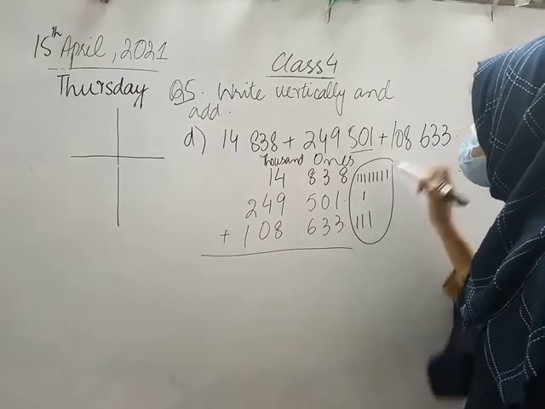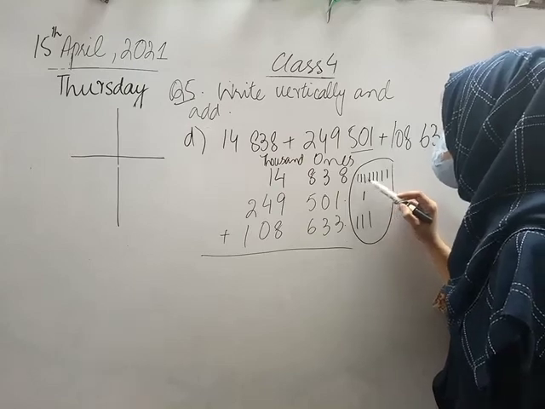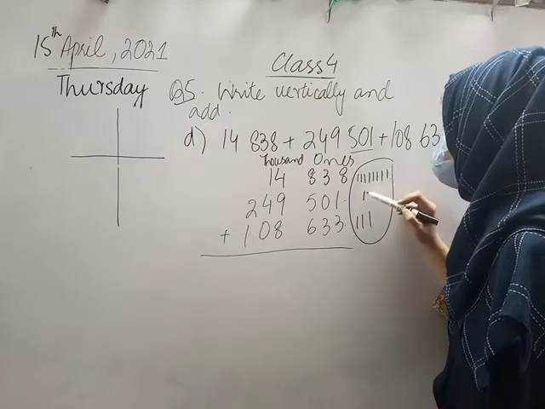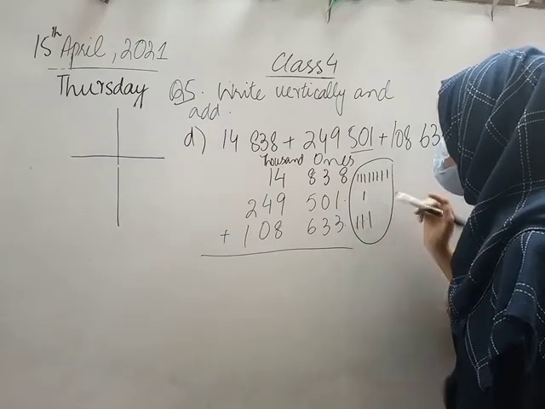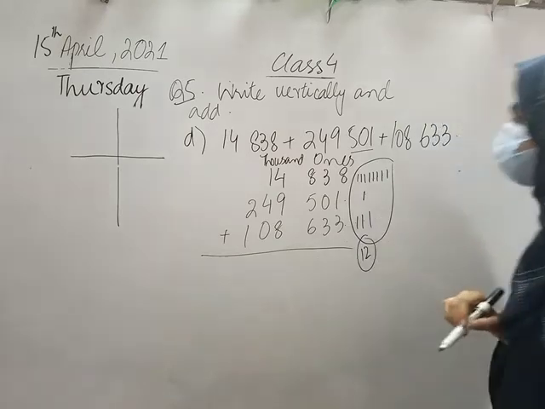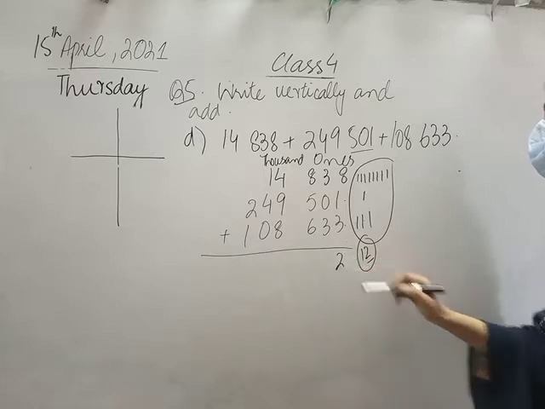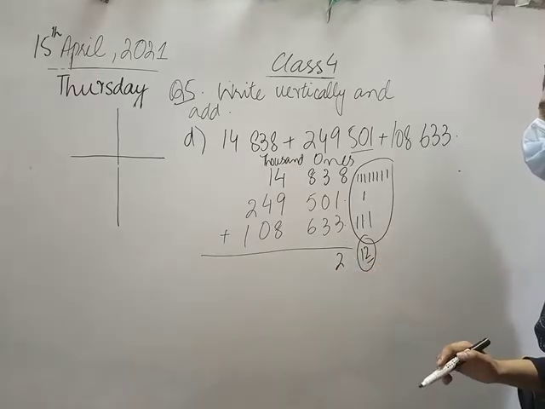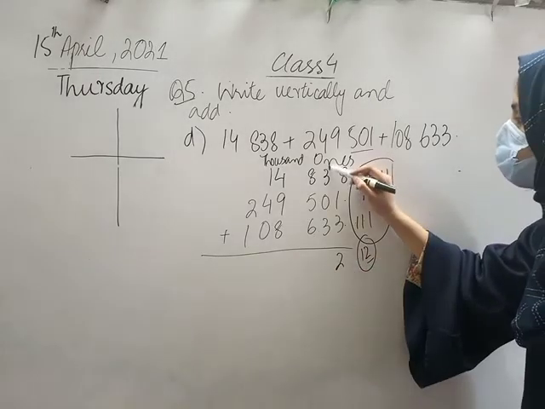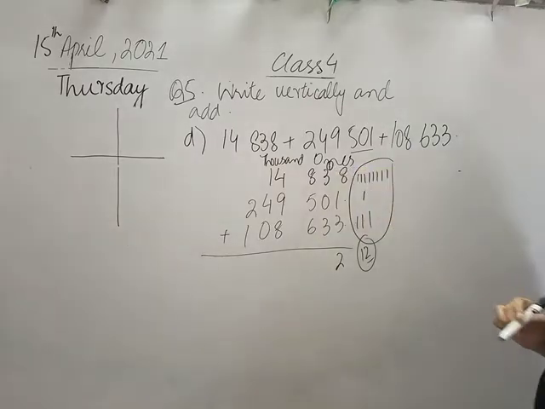In total I have 12, a 2 digit number. So I will write the number at the unit place, 2, and 1 as a carry.